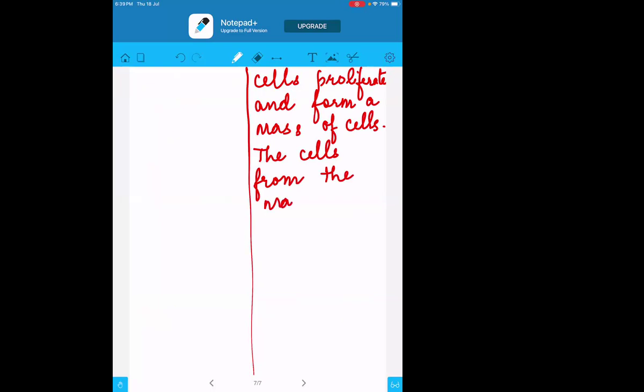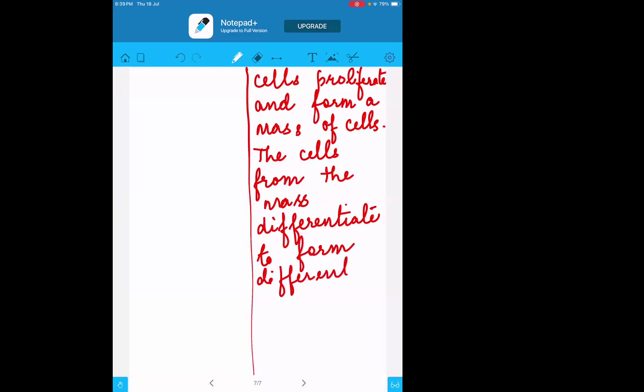So they will be proliferating and then forming a mass of cells. Then the cells from this mass differentiate to form different cell types and tissues.